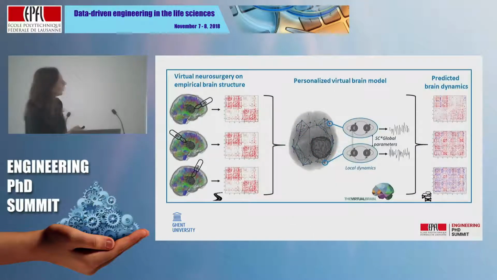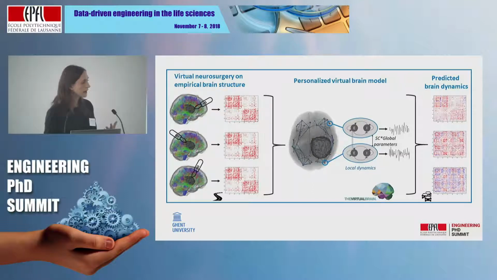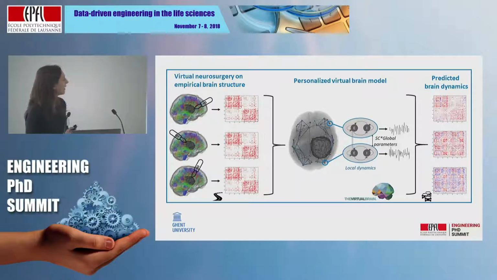So we can extend this, and using this framework, it might be possible to experiment with different neurosurgical approaches: to approach the tumor from different angles, to try partial resection versus complete resection, or even increasing the resection margin beyond the tumor.